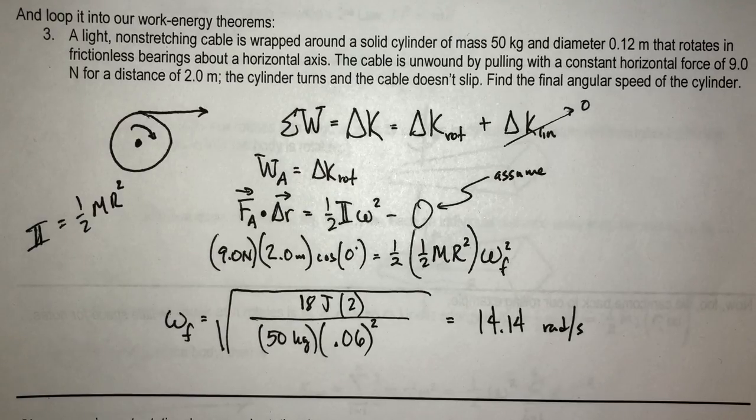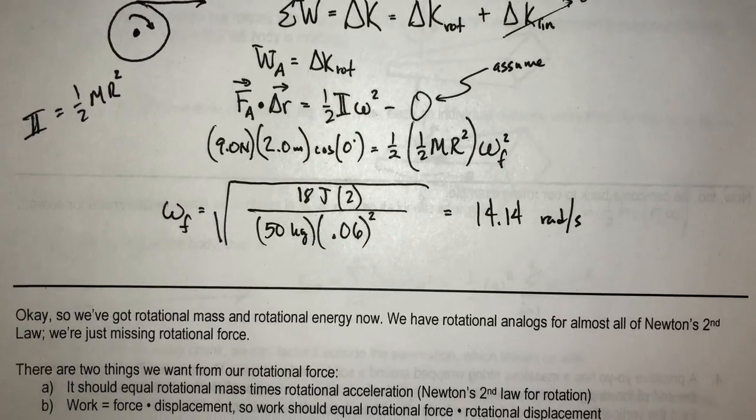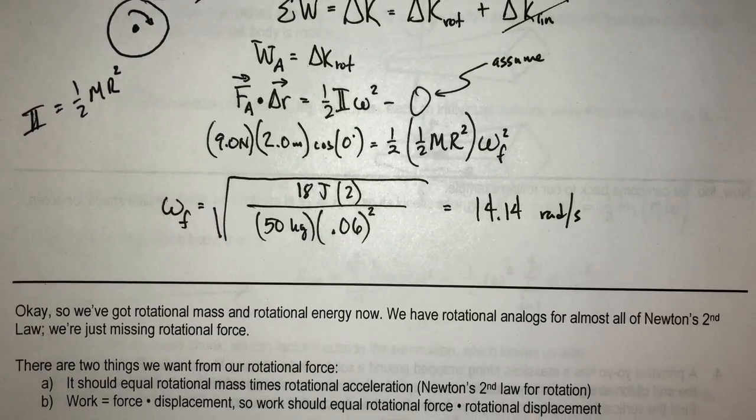Okay, we started this worksheet asking about Newton's second law and whether there's a rotational analogy for that as well. Now, that's fine if there is such a thing as rotational force. There's two things we want to happen.